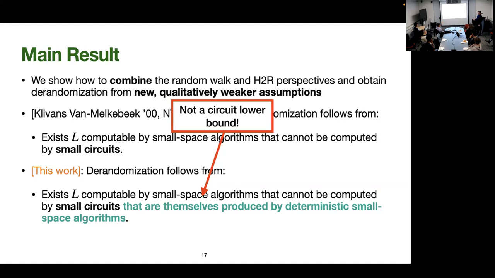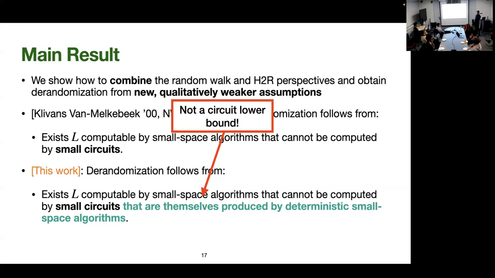Yes. You still have to assume it. We do not prove this. This is a uniform lower bound that we have not proved. It's still conditional. Yes, it is still conditional.